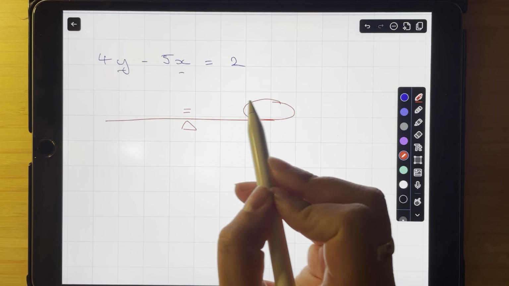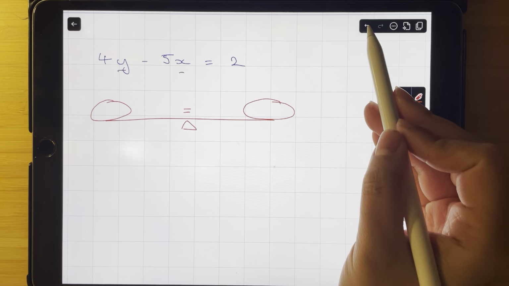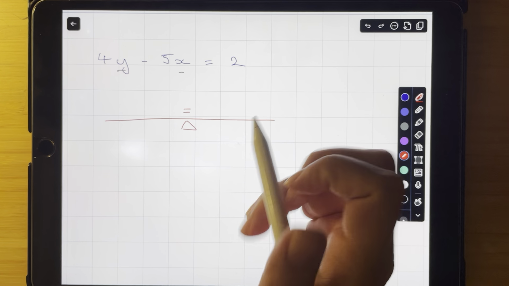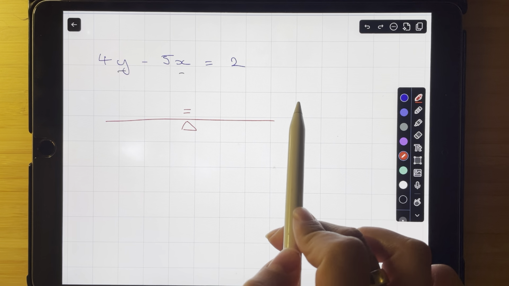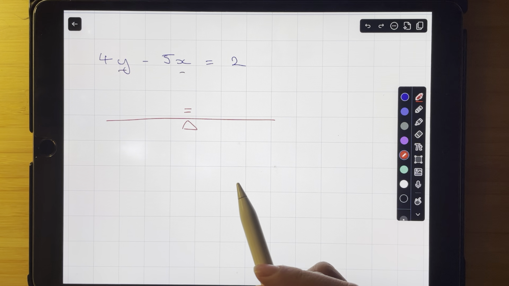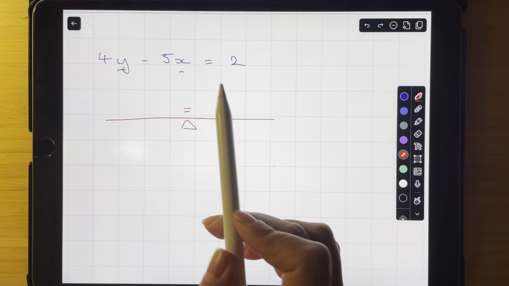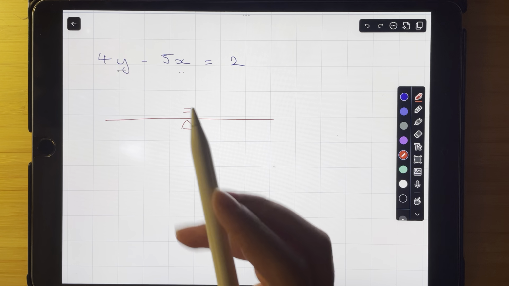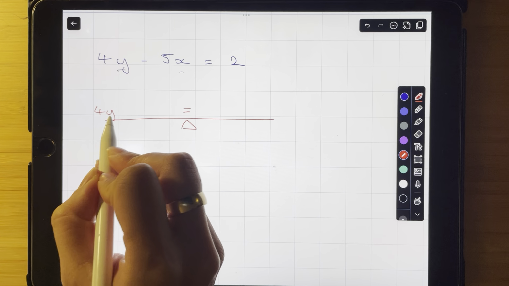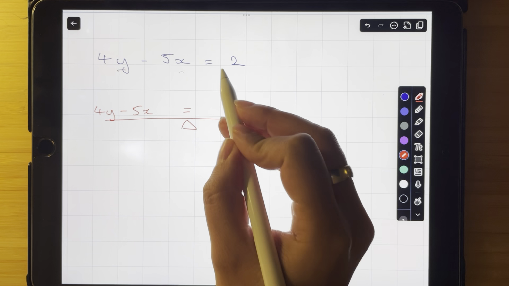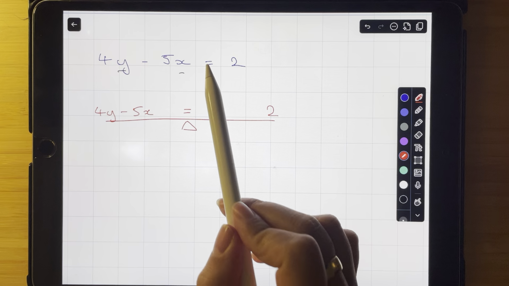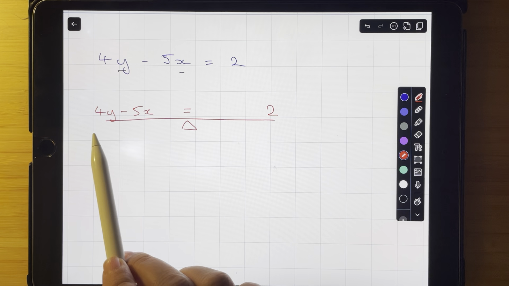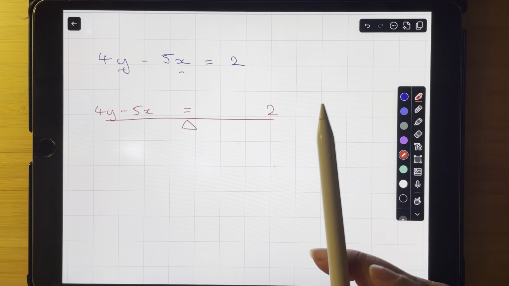So you have a right hand side and you have a left hand side, and whatever is on either side, you need to make sure that they balance, right? So here, if we just copy that down, we've got 4y take 5x equals 2, and that balances because there's an equal sign, so it's completely flat.